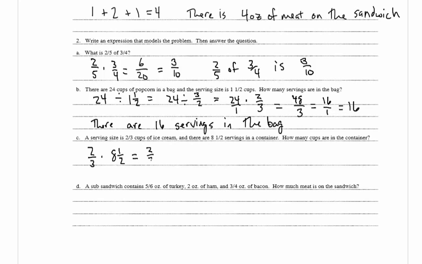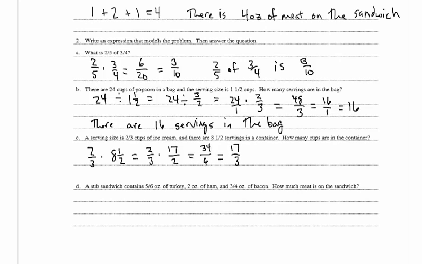So we have 2/3 times 2 times 8 is 16, plus 1 is 17, over 2. 2 times 17 is equal to 34, and 3 times 2 is 6. And this could be reduced to 17 over 3.